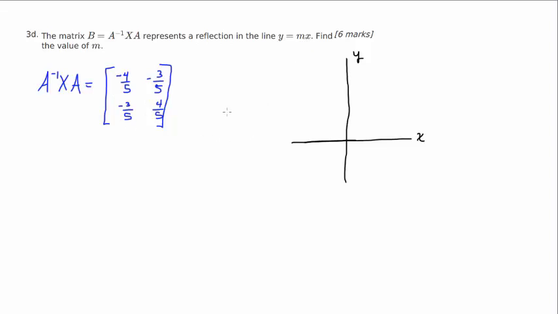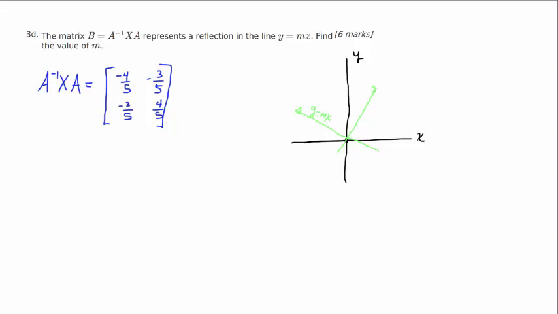So we must have some line that goes through the origin, and it may be going this way, it may be negative, but we have some line y equals mx that this matrix represents a reflection through that line.